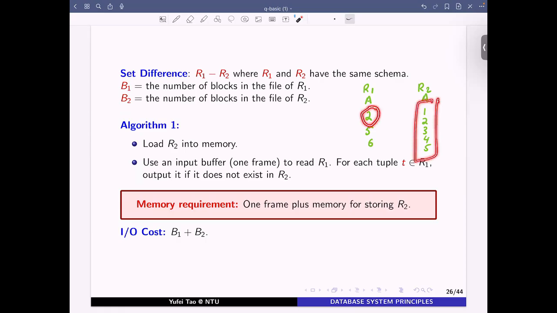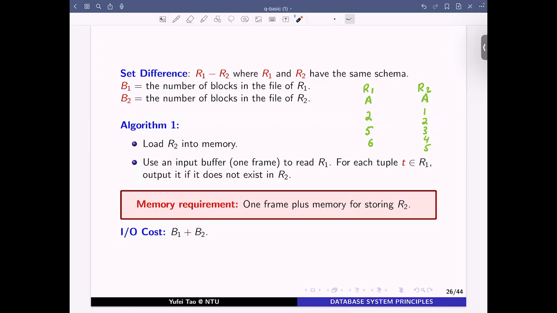So when you see 2 from R1, you can look up this number in R2. This is efficient because it does not require any IOs. So in this case, we see that 2 is inside R2, and therefore we skip 2.